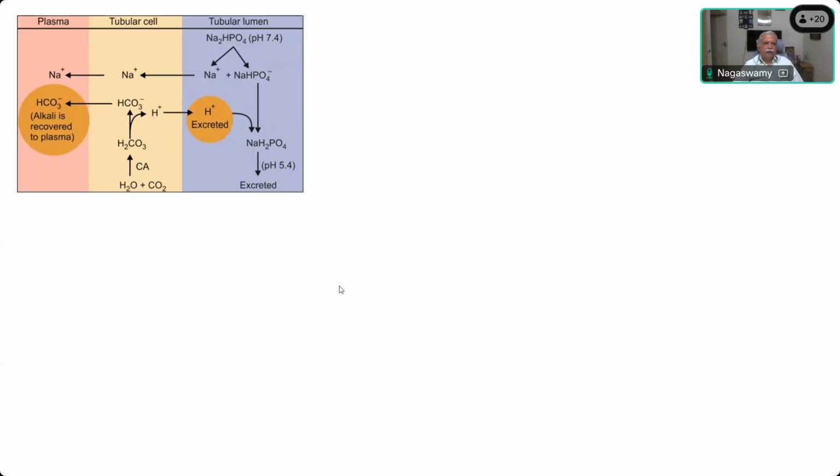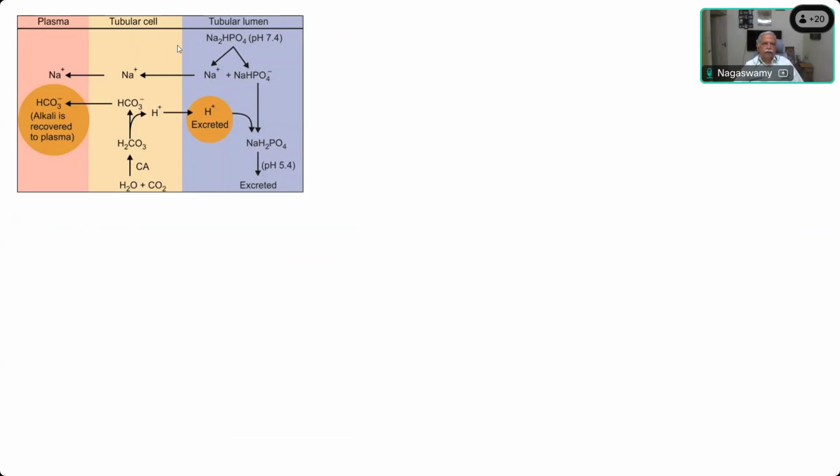Then the next mechanism is disodium hydrogen phosphate. Earlier we saw how sodium bicarbonate works. Here the disodium hydrogen phosphate breaks down into sodium and sodium hydrogen phosphate, which takes up the hydrogen to become sodium dihydrogen phosphate.